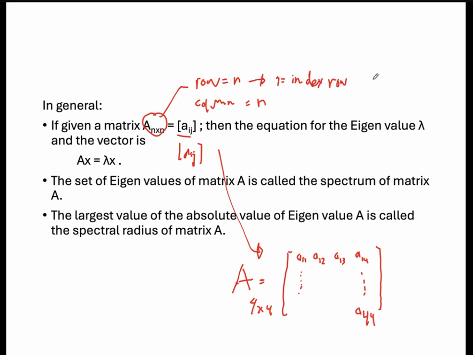The row starts from 1 until n, and j represents the index of the column, and the value of j starts from 1 until n.